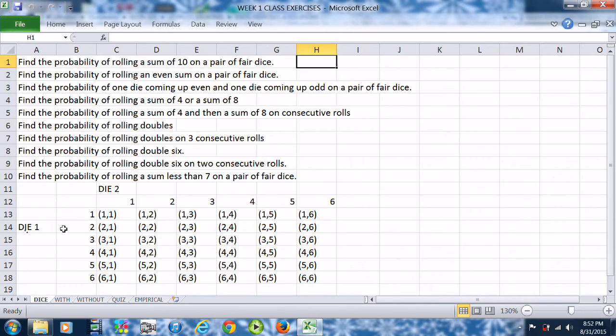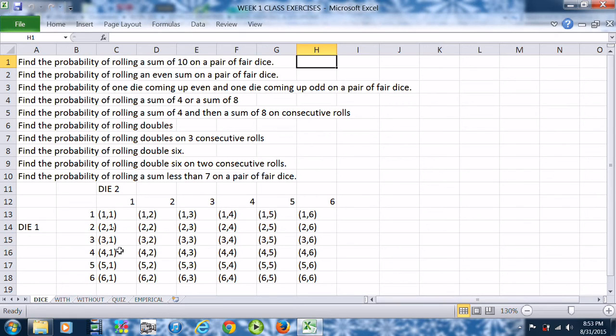So here I have die 1, which can be anything from 1 through 6. Here I have listed die 2, which is also 1 through 6. And we write the outcomes as ordered pairs. So this 1, 1 is when we got a 1 on die 1 and a 1 on die 2. Here, this 2, 1 is when we rolled a 2 on die 1 and a 1 on die 2.